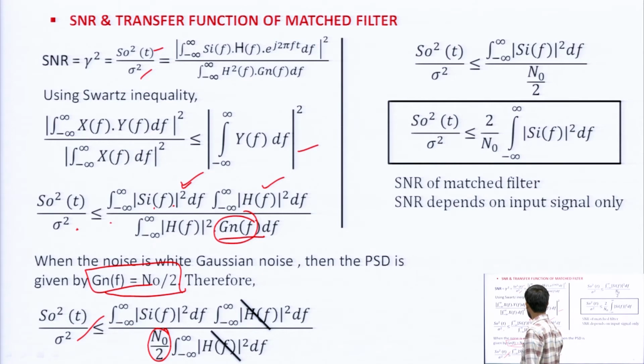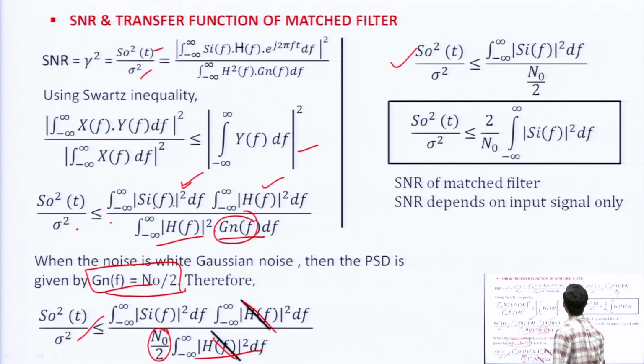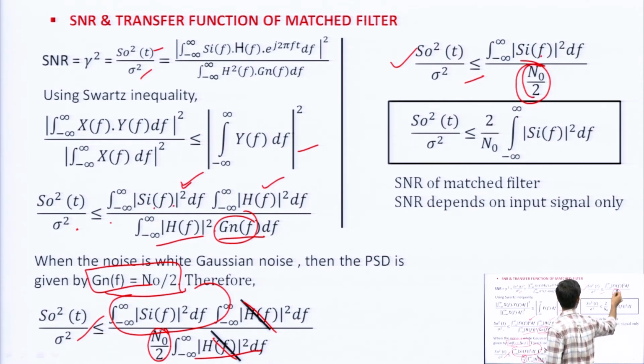We have the same terms in the numerator and denominator, so they cancel out. Now s naught square of t divided by sigma square is less than or equal to this term divided by n naught by 2. I can write this as 2 by n naught multiplied by the integral from minus infinity to infinity of the magnitude squared of psi of f df. This is nothing but the SNR of the matched filter.